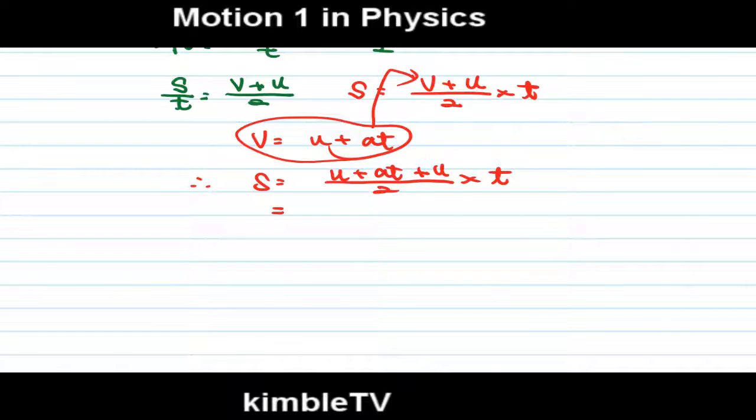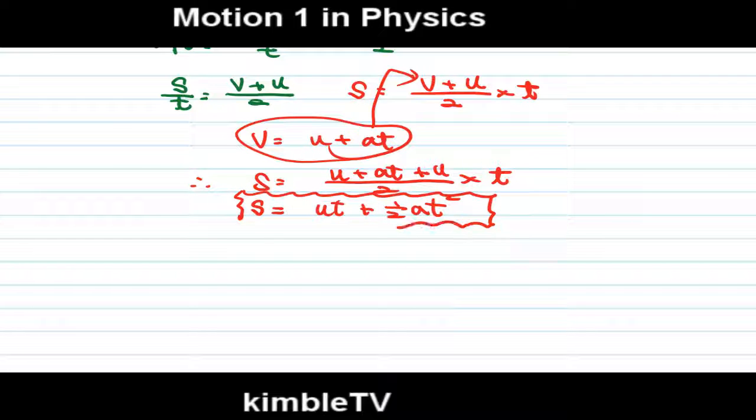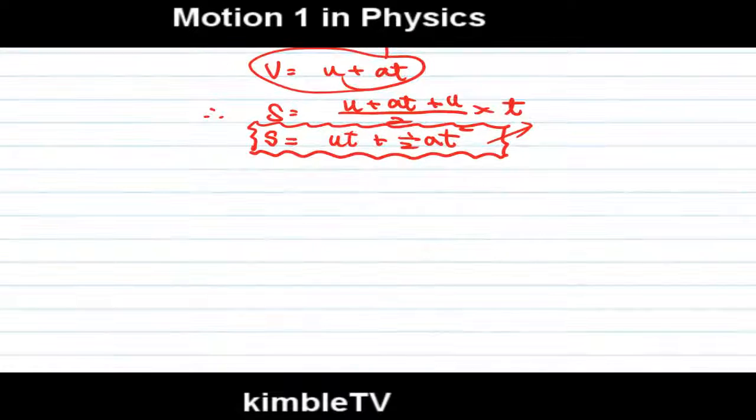And simplify this one to ut plus half at squared. This is s. But in this equation formula, there is no final velocity. So we should find the other formula.